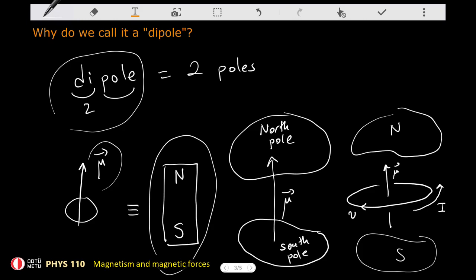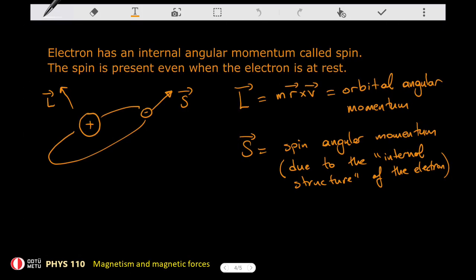So after we handle this, let's then pass to another topic, which is confusing. The electron has an angular momentum that we can compute by using its velocity and the position by this formula, right? That's the well-known angular momentum of the electron.